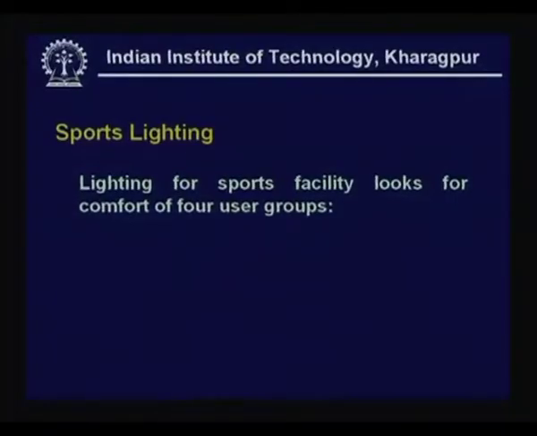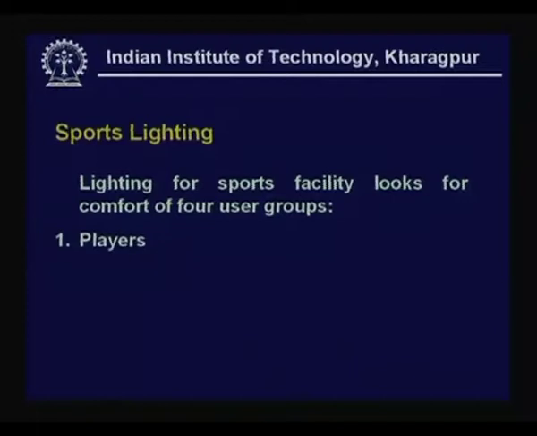Sports lighting per se is lighting for sports facilities, and it addresses the visual comfort, or the ability of viewing the game, playing the game, assessing the game, for user groups, which are four in type.